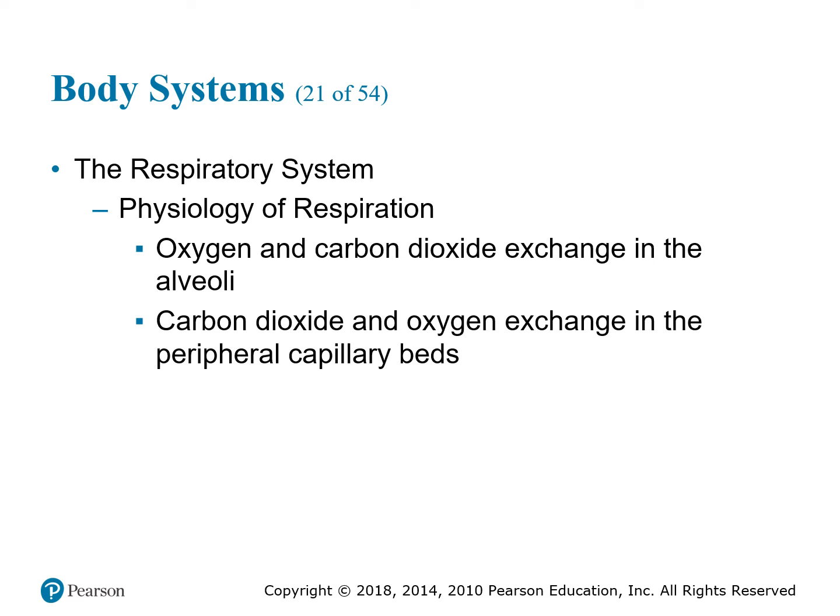Carbon dioxide, which is a byproduct of cell metabolism, which we get into later, can leave the blood and enter into the lungs, because the air we breathe has a lot less carbon dioxide in it, allowing me to breathe out the carbon dioxide.